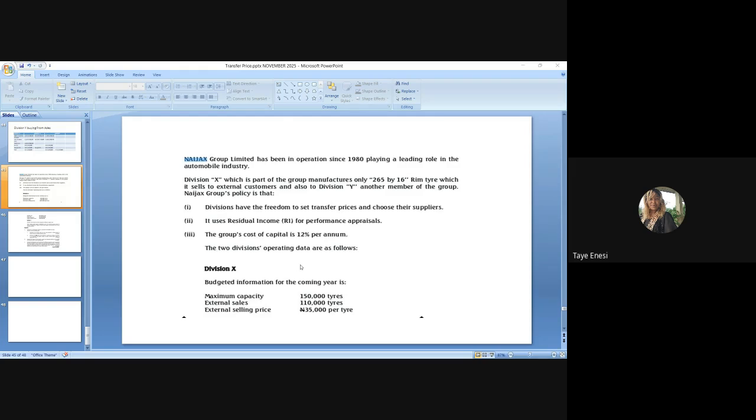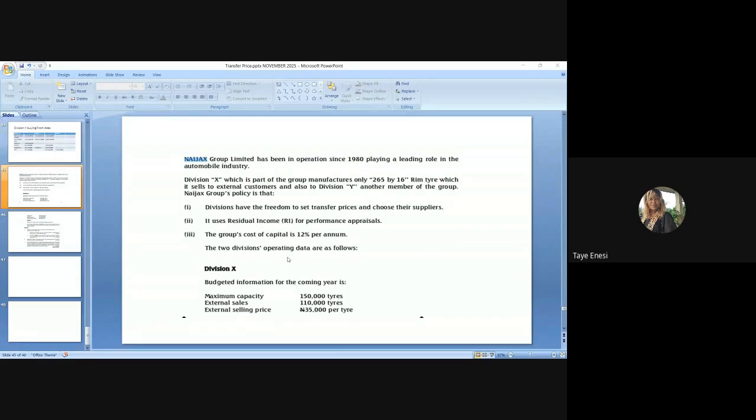Niger Group policy is that one, divisions have the freedom to set transfer price and choose their suppliers. Two, it uses residual income for the performance appraisal. Three, the group cost of capital is 12% per annum. The two divisions' operating data are as follows.